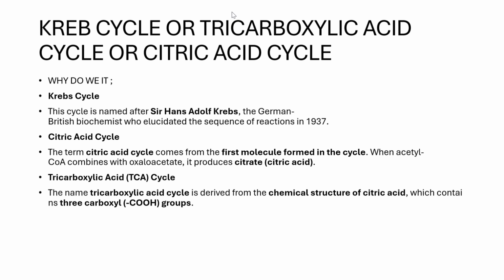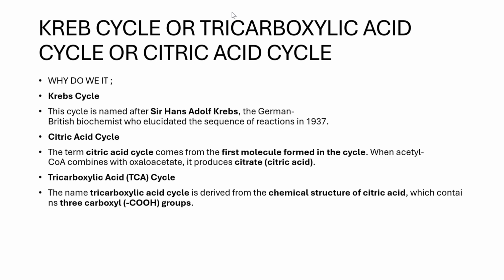After the pyruvate is formed, the Krebs cycle, or the oxidation of the glucose, occurs in the mitochondria. But pyruvate cannot enter the mitochondria, so it needs to be converted into a molecule that we call acetyl-CoA.